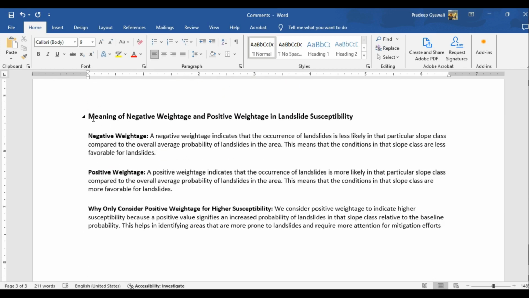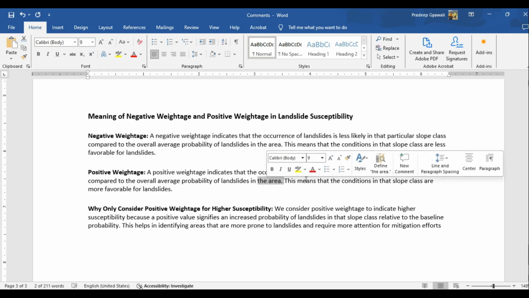So the meaning of positive weightage and negative weightage in landslide susceptibility. You have to be clear that the negative weight indicates the occurrence of landslide is less likely in that particular slope. That means no landslide pixel occurs in that class. And the positive weight indicates the occurrence of landslide is more likely in that particular class as compared to the overall average probability of landslide in this area.